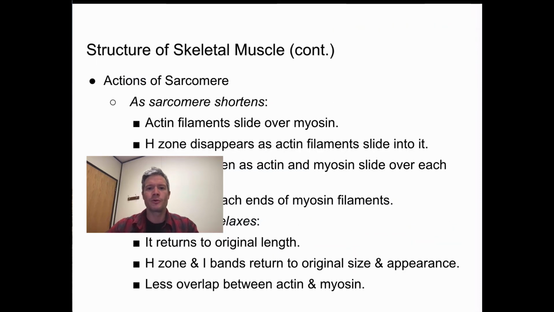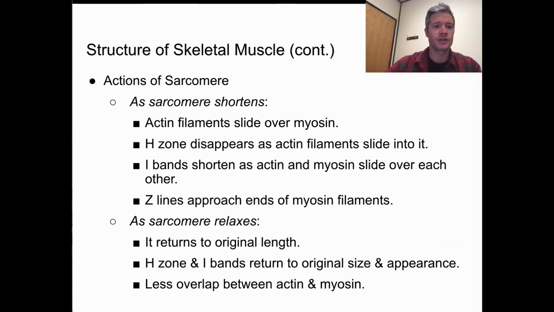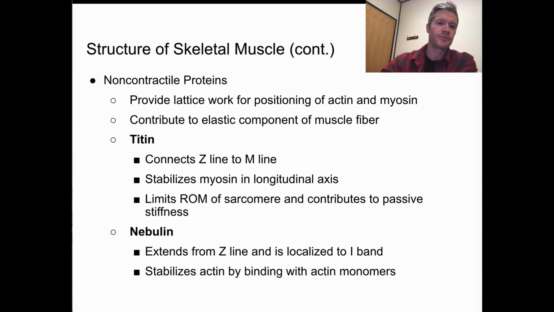And let's explore what those are, because they're really important to the structure and contraction of muscle. Okay? What we call these are non-contractile proteins. So these proteins aren't directly involved in contracting the muscle. Okay, but what they do is provide structure and strength to the sarcomere.